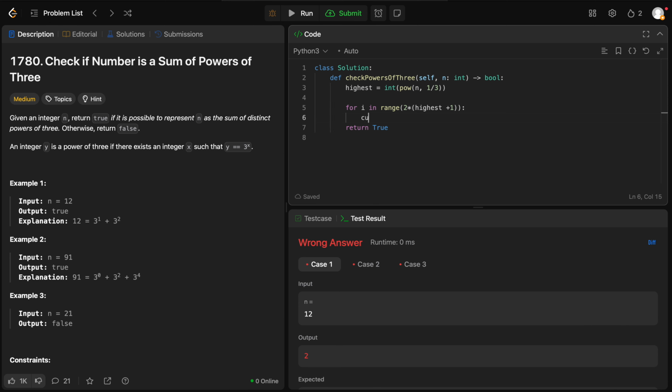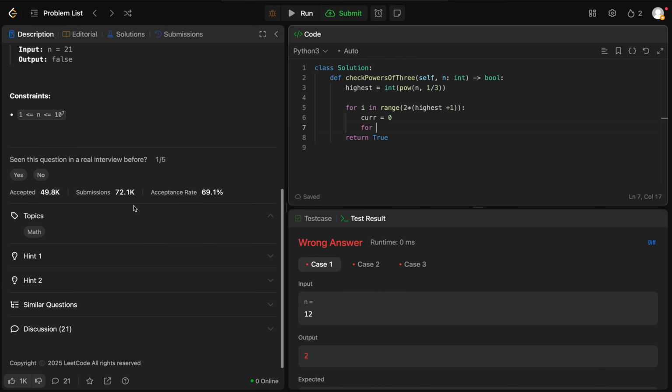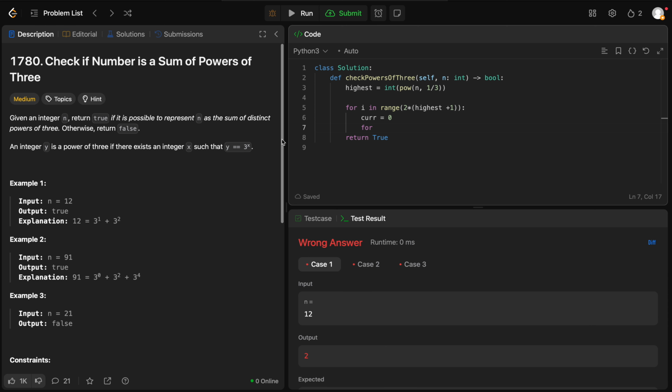And I have current equal to 0. So I have i in range, and here I get, let's say, 0. Zero means I don't use any, so it's at least 1.